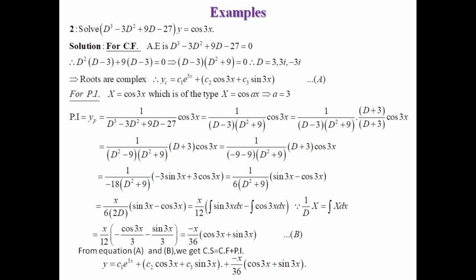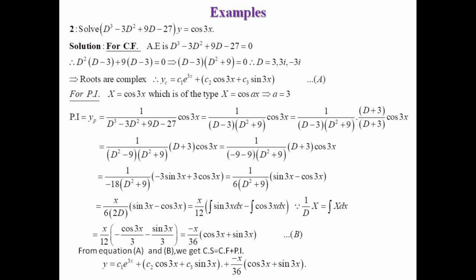We take the factors of this term because according to type number 2, we are only able to replace D square by minus a square. Now the second term is D square plus 9, but the first term is D minus 3. To get D square in the first term, rationalize this term.